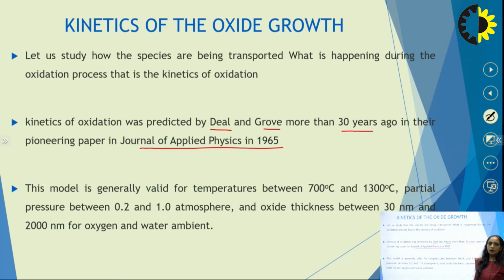Till now we are using the same model to grow the oxide layer, because the results we are getting from this model are very accurate and precise. This model is generally valid for the temperature range between 700 to 1300 degrees C, with a partial pressure of 0.2 to 1 atmosphere, and it is used to grow oxide thicknesses of 30 nanometers to 2000 nanometers, with oxygen and water as the ambient.